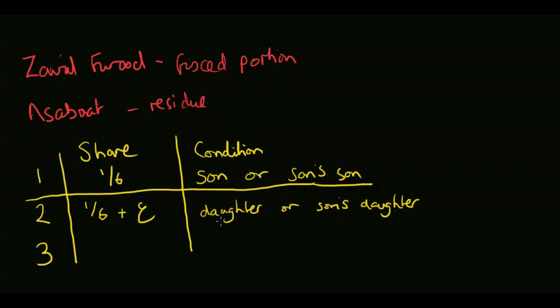So essentially it's either daughter or son's daughter. If there are either of these two alive at the time the deceased passed away, then the father receives a sixth and asaba, so he receives a fixed share and he receives the residue after everyone else has received their fixed shares.